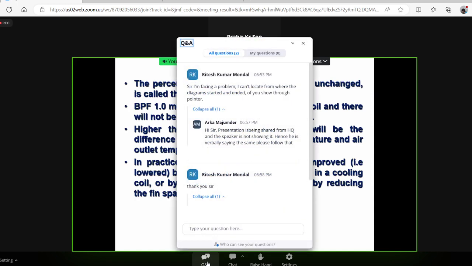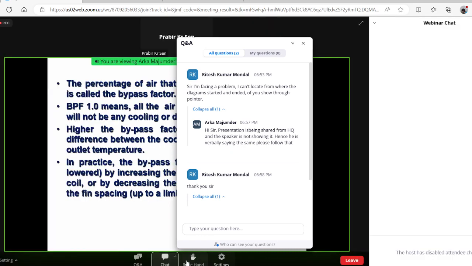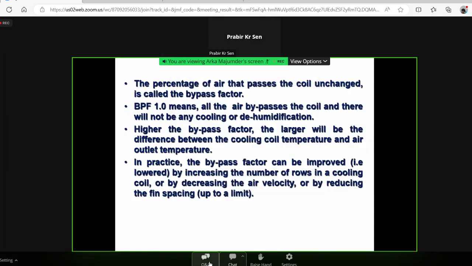Now, in practice, the bypass factor can be improved. Improved means lowered. From 1, we come down to 0.12. How? By increasing the number of rows in the cooling coil, then decreasing the air velocity.